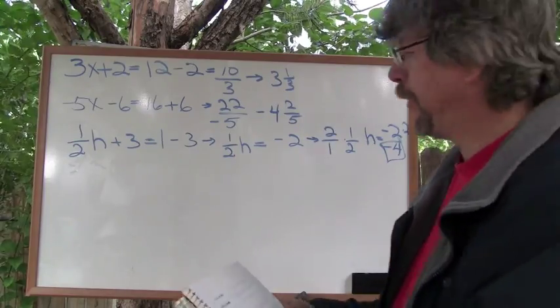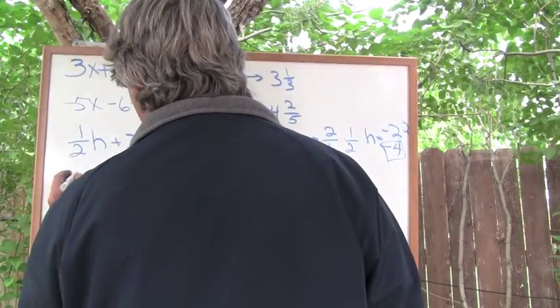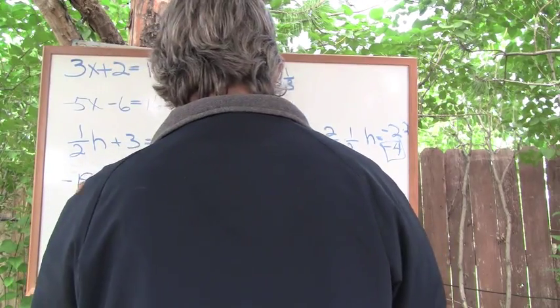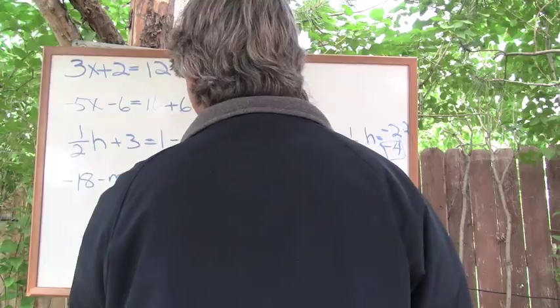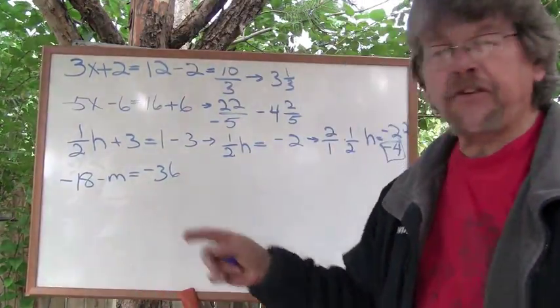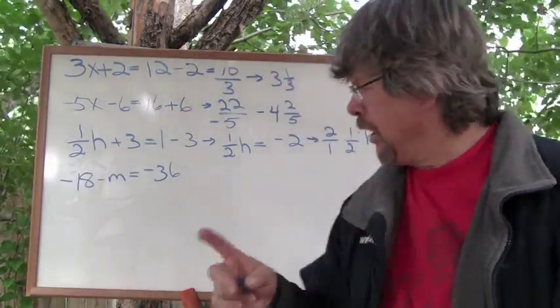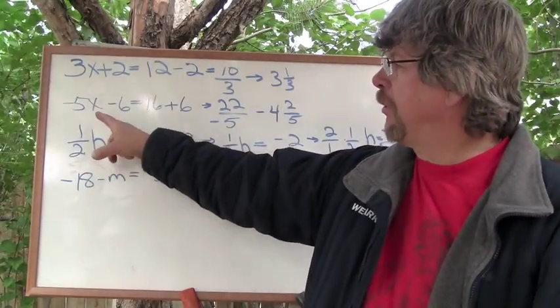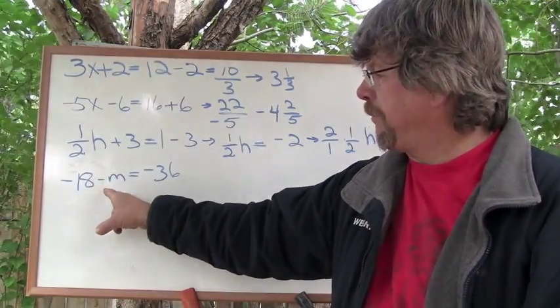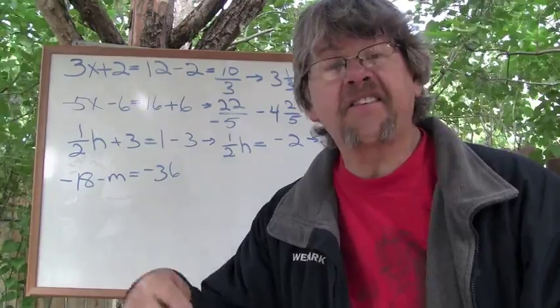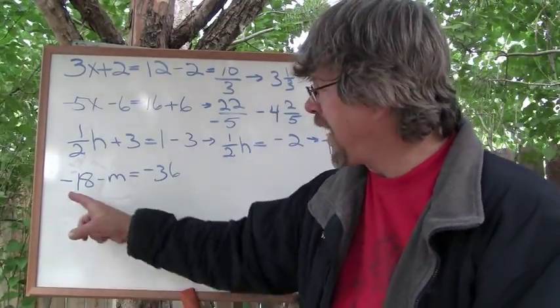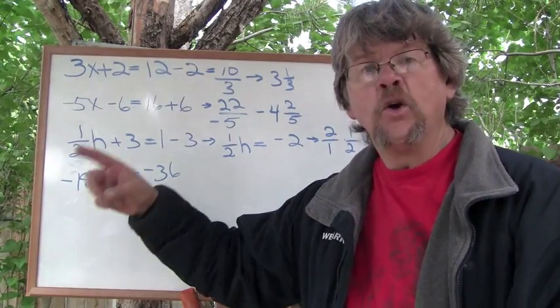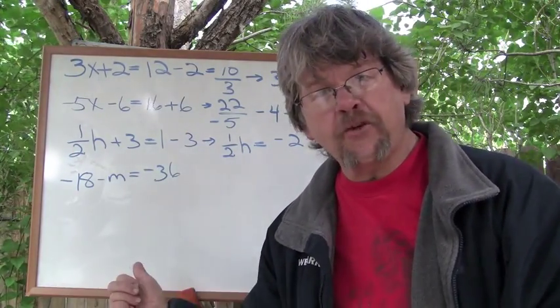It's that simple. Someone's come along and we have a negative 18 minus m equals negative 36. Now this is written a little bit differently. Instead of the variable being multiplied with something, the variable itself is subtracted. So what do we do? Well, we have a negative 18. We know that's the same as subtraction.